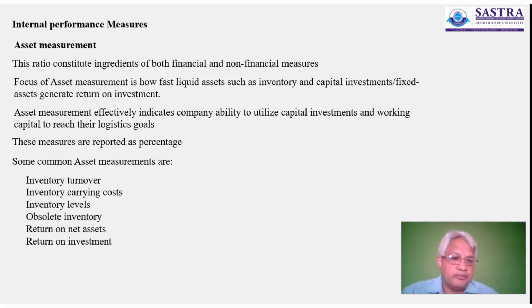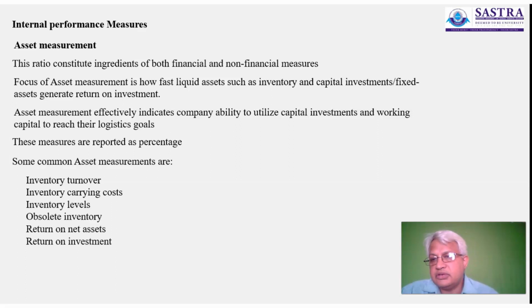So you're directly looking at the asset part of your balance sheets here. Asset measurement effectively indicates the company's ability to utilize both the working capital as well as capital investment to reach their logistic goals. And most of these measures are given in percentages.